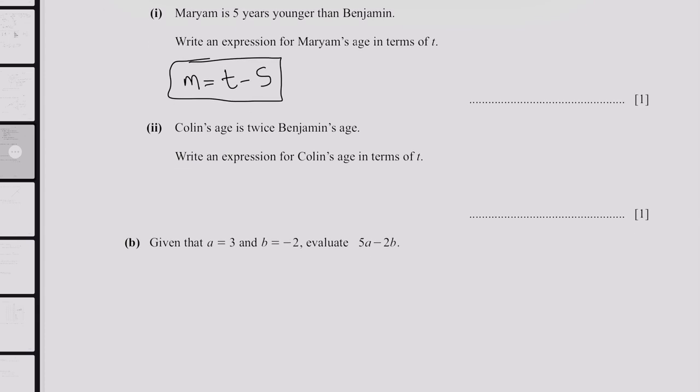Colin's age is twice Benjamin's age. Write an expression for Colin's age in terms of T. So C equals, C is for Colin, and twice Benjamin, so 2T.